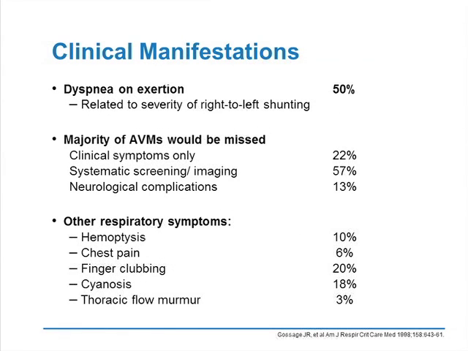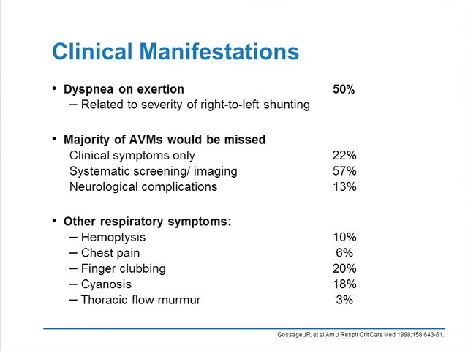So how can we diagnose pulmonary AVMs? Only half the patients present with dyspnea and exertion, and the more multiple the lesions like this patient had, you're going to see more dyspnea, but the majority of patients don't present with any symptoms because they tolerate this pretty well. And if you just go based on clinical symptoms, as the next point shows, you would miss a majority of AVMs.